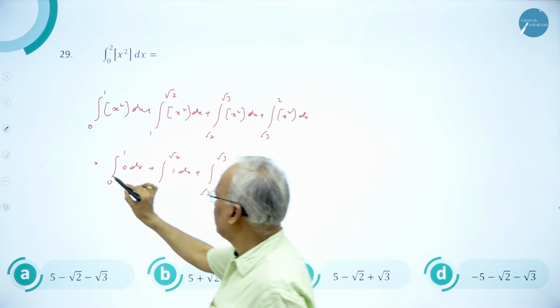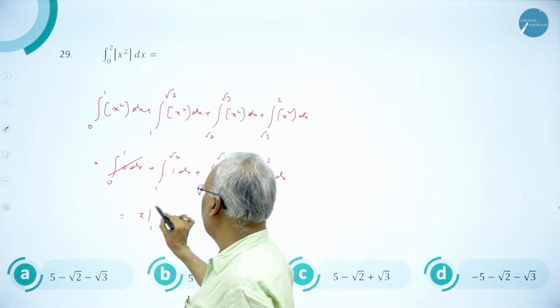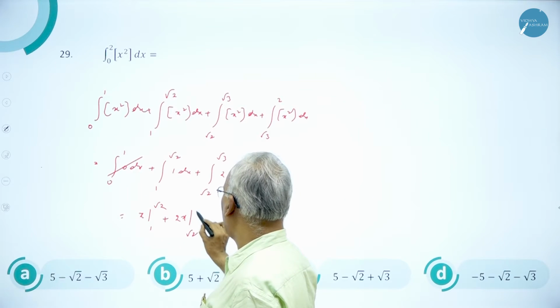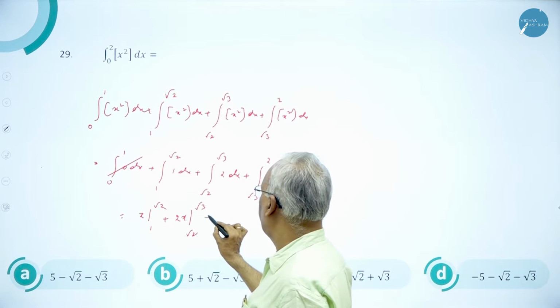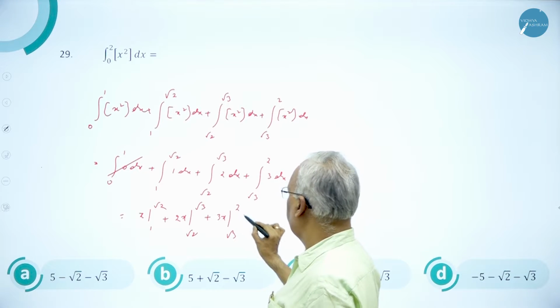Now you integrate, this is 0, this is equal to x between 1 and root 2 plus 2x between root 2 and root 3 plus 3x between root 3 and 2.